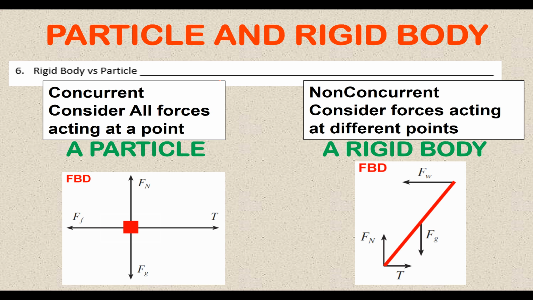A rigid body is non-concurrent, usually. It could be. We could have all the forces acting on the rigid body in the center, but yeah, that's boring. That's Physics 11.